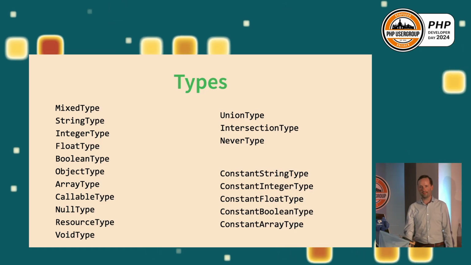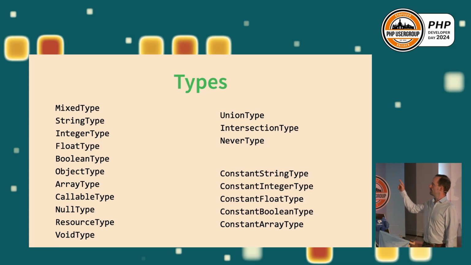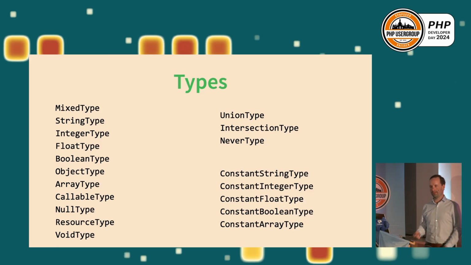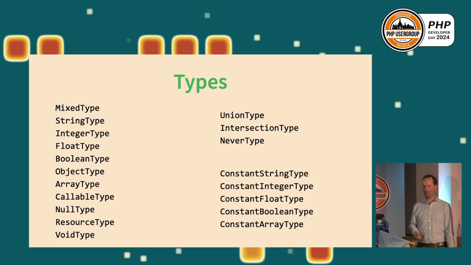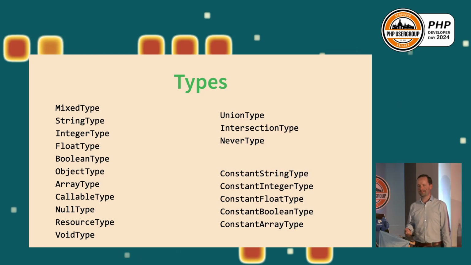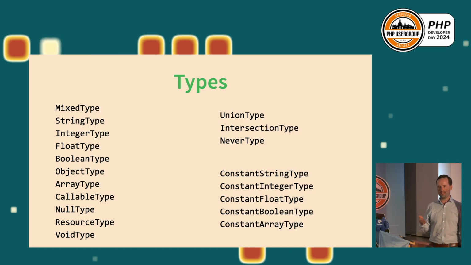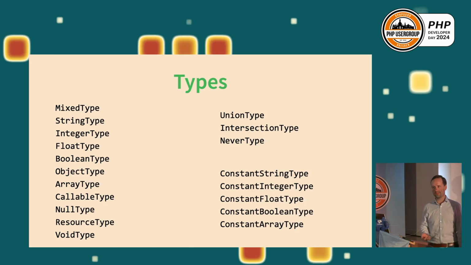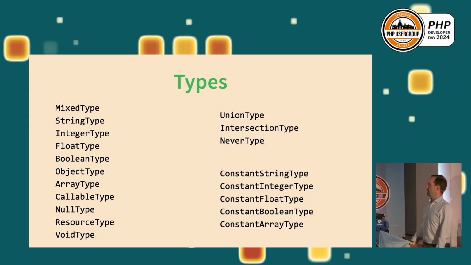And PHPStan is also aware of specific literal values. So if we do 1 plus 1, PHPStan doesn't just see two integers. It sees exactly the values 1 and 1, and it knows that the result is 2. It's not because it computes that at runtime; the type inference engine knows it, and you can ask about this in your rules.